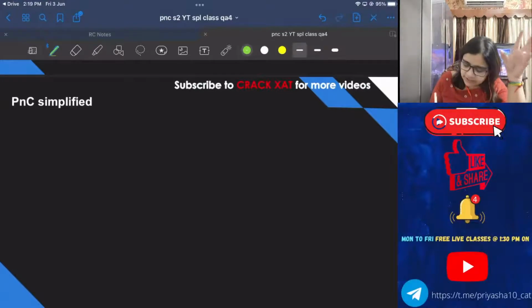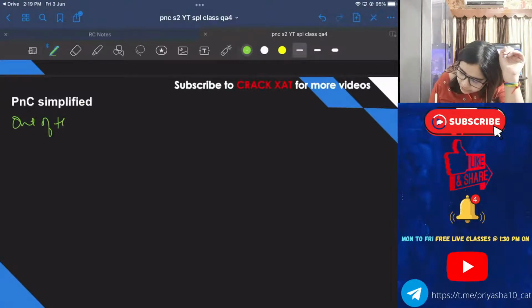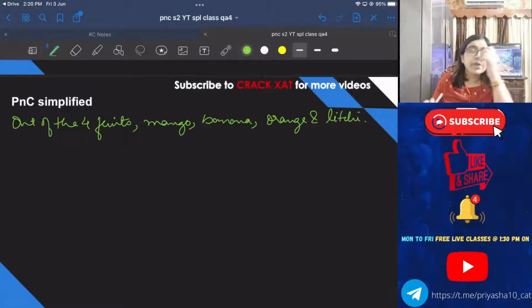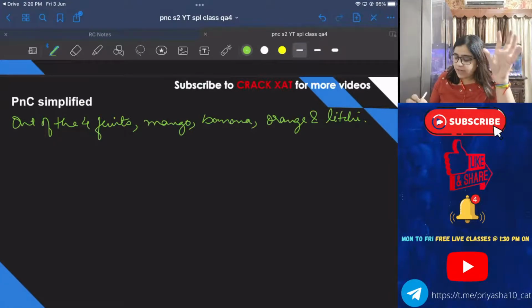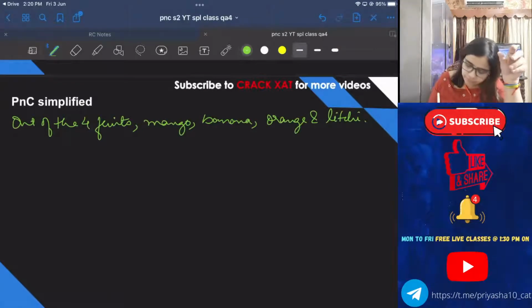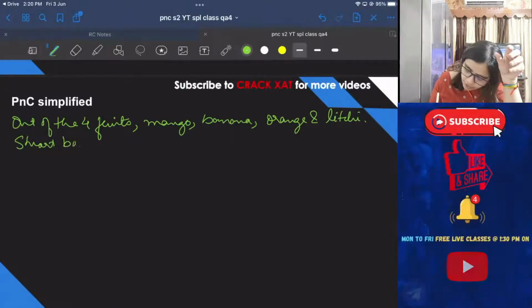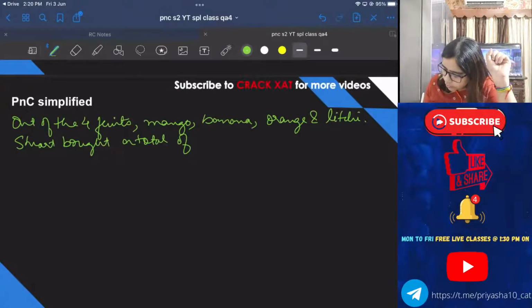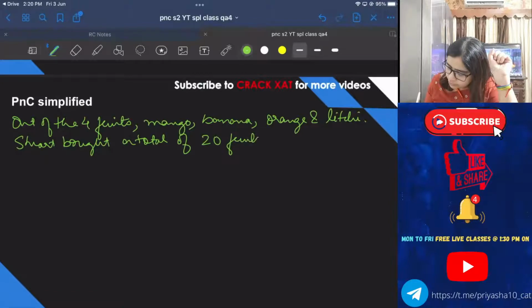The language based question says that out of the 4 fruits, mango, banana, orange and lychee, Stuart bought a total of 20 fruits.